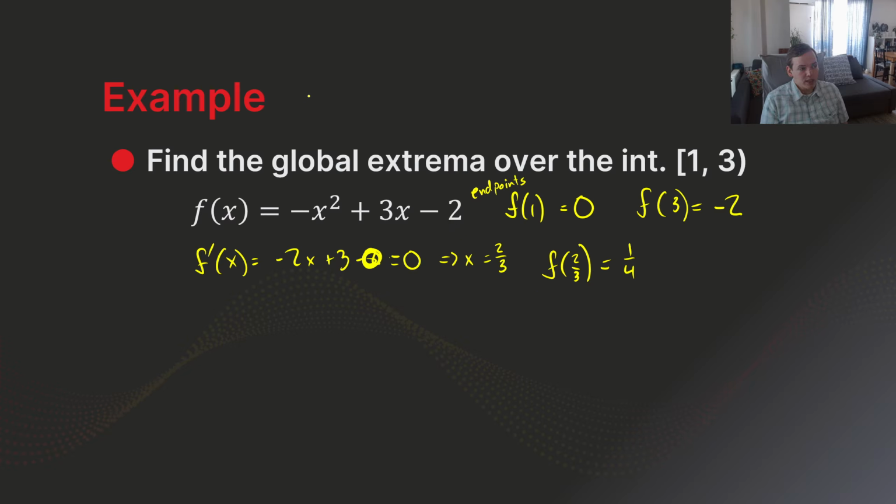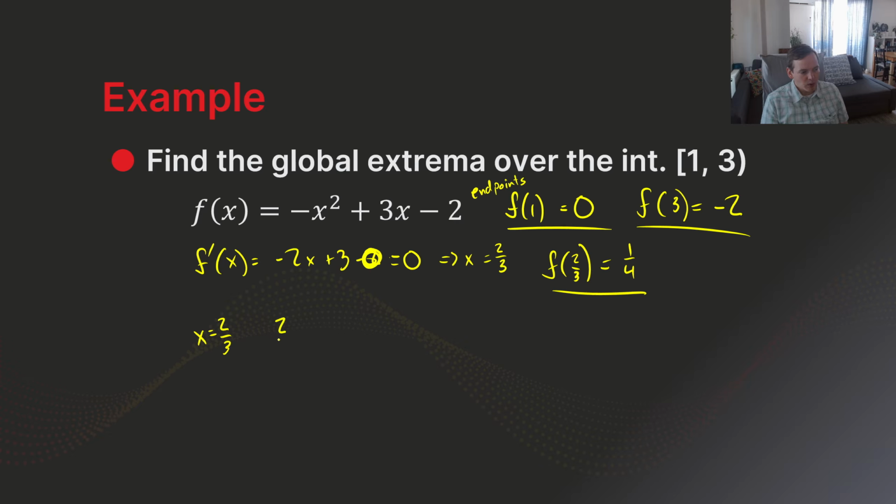Now, we had said before that the global extrema have to occur either at the critical point or the endpoints. So once we've calculated the y values for all of these, we literally just compare them. Which of these is the largest? X equals 2/3.